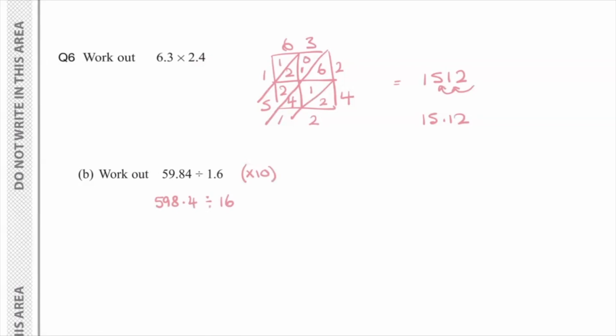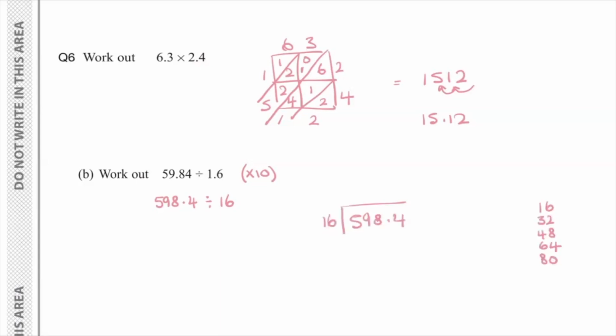So now we've got to divide into our bus shelter by 16. Now I don't know my 16 times table, so I would be spending a little bit of time writing them out until I was happy that I had a few to get me going. I don't know how many I'm going to need to write, so just get started and then we can always add to it if we need to.